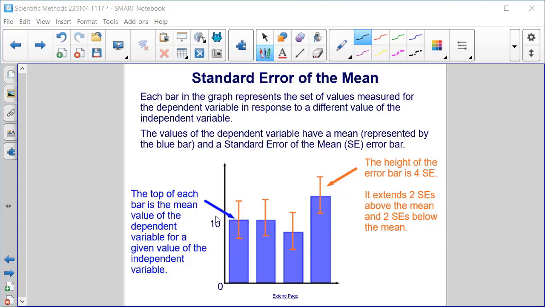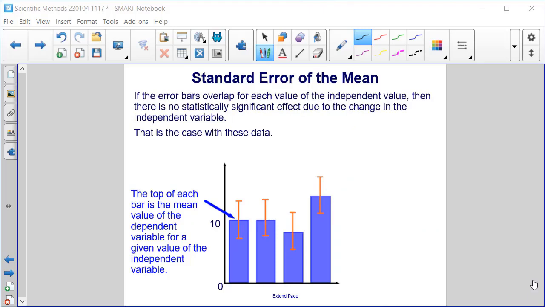The top of each of these blue bars is the mean value of the dependent variable for a given value of the independent variable. The height of this orange bar is 4 standard errors from the mean. It extends 2 standard errors above the mean and 2 standard errors below the mean.